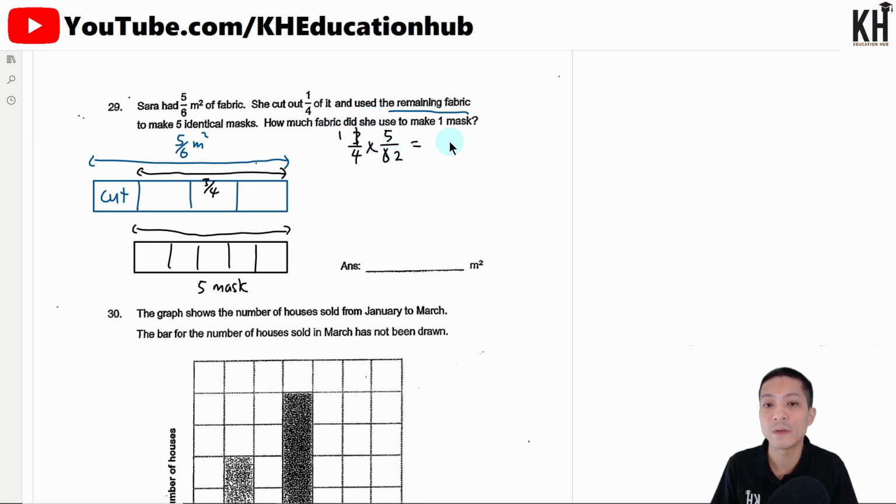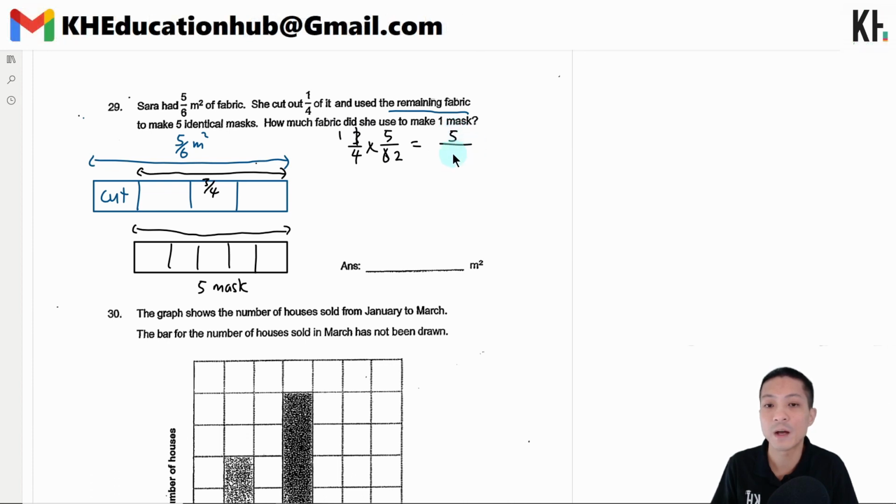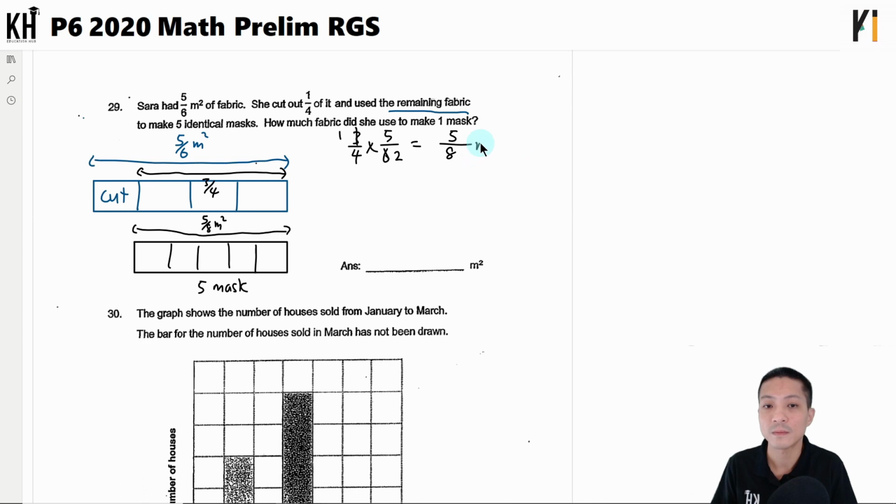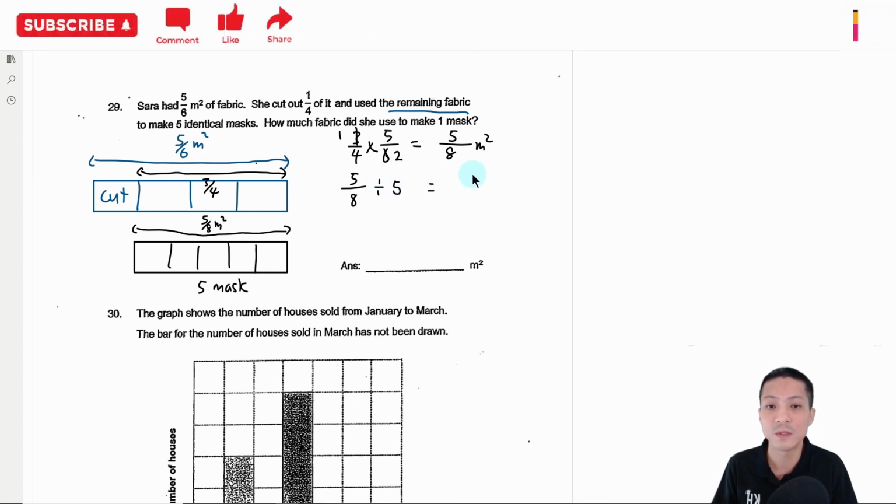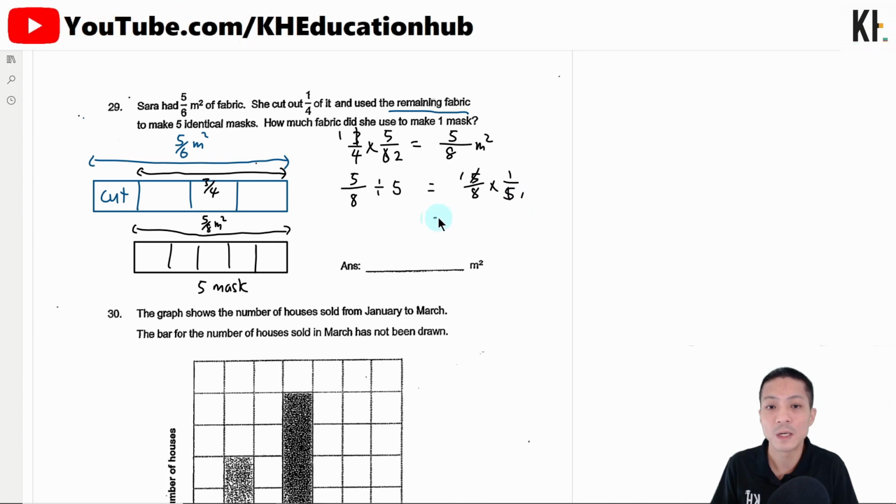Divided by 3, divided by 3, and it will give you 5/8. Okay, so here to here is 5/8 square meter. So now if I want to find one mask, I need to divide it by 5. Okay, so divide by 5 will be 5/8 times 1/5. Cancel 1, which is equal to 1/8, and that's the answer.